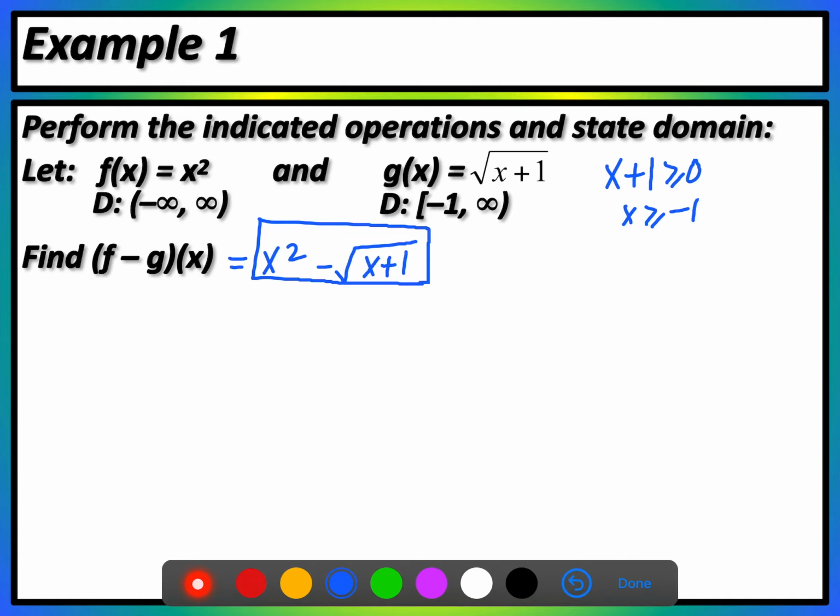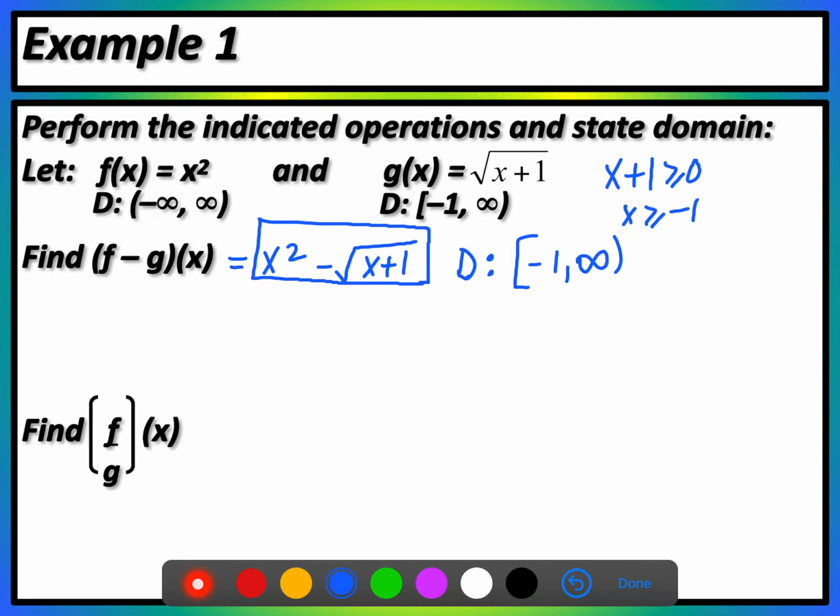I have to take the most specific from my two original functions, and then make sure there aren't any additional restrictions that came up through the designated operation. The domain for this would now be -1 to infinity, because that takes into account the most specific aspects from the two originals, and nothing additional came into play when I subtracted the two functions. Really, the only time you get something additional would be with division.